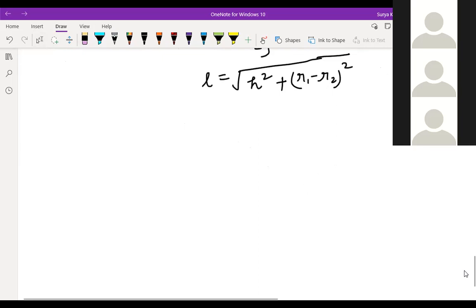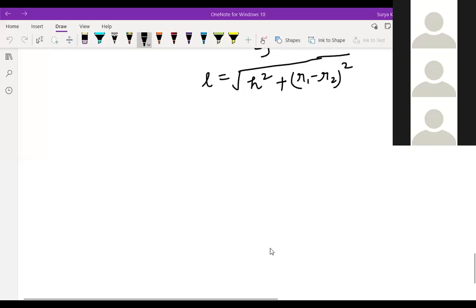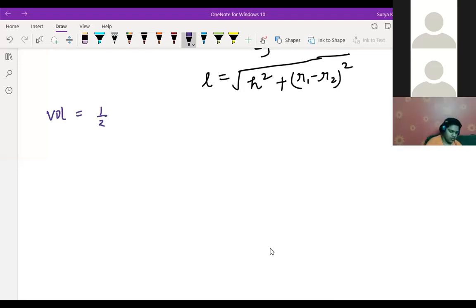So see, what we can write here is: volume of frustum is equal to 1 by 3 pi r square h.